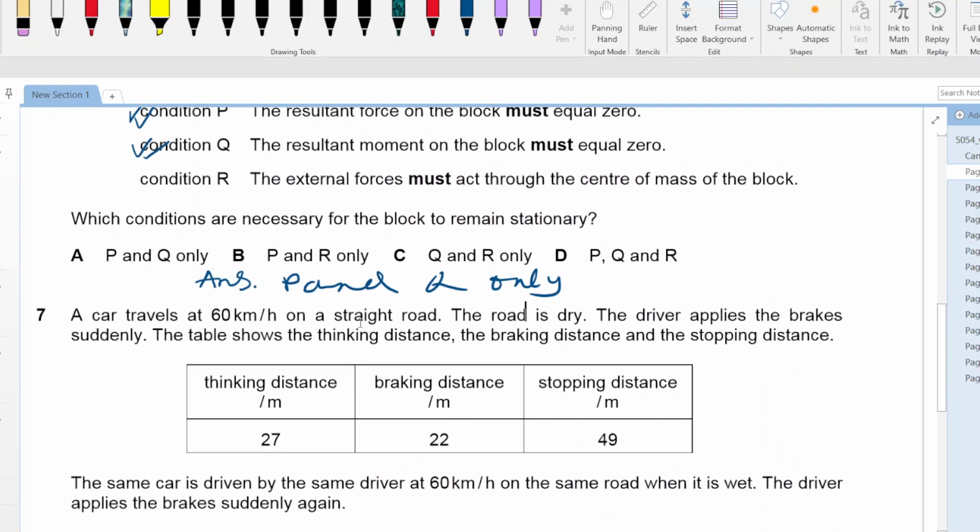Now, I am at question 7. A car travels at 60 km/h on a straight road. The road is dry. The driver applies the brakes suddenly. The table shows the thinking distance, braking distance, and stopping distance.